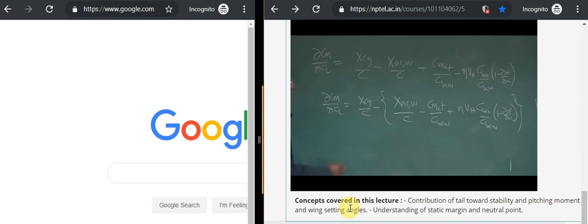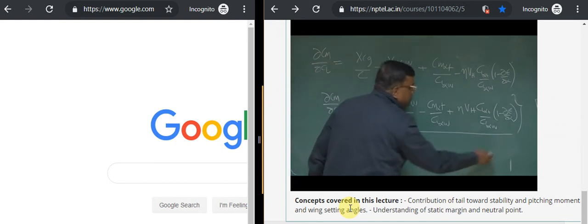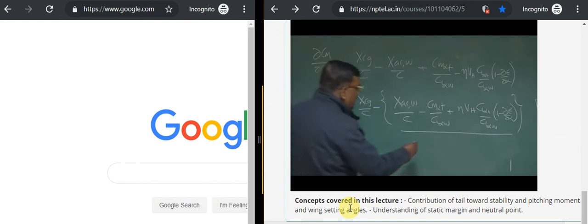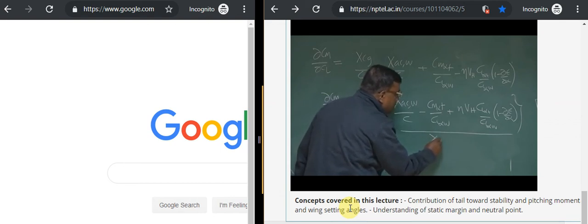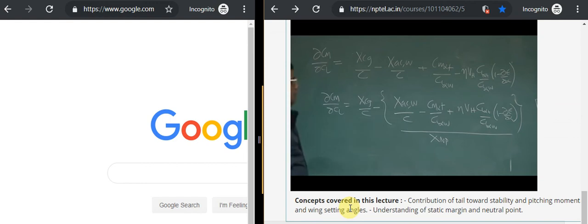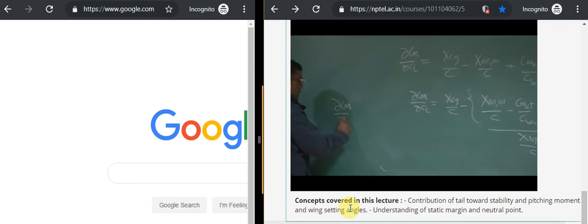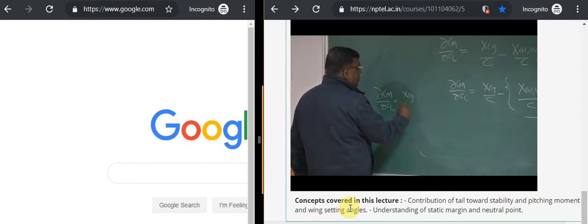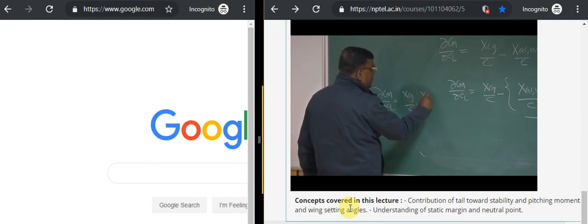So now we have dCm by dCl as xCg by C minus x neutral point by C, which I can write as minus of xNP bar minus xCg bar.